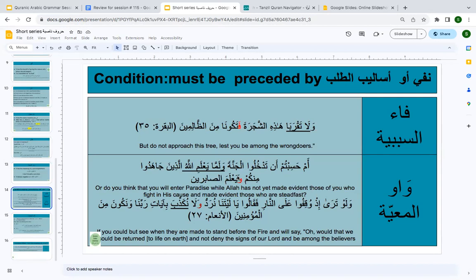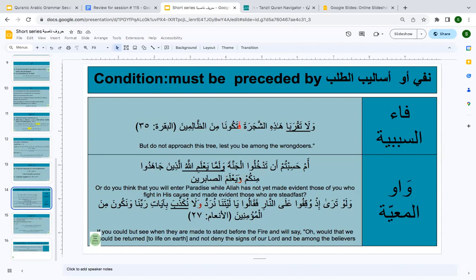If I see a waw and after waw there is a mudare mansub, and it could be because of atf as well, but: "Do you assume that you will enter Jannah while Allah has not made known those who strived from among you, and He has not made known the sabirin," those who are patient.